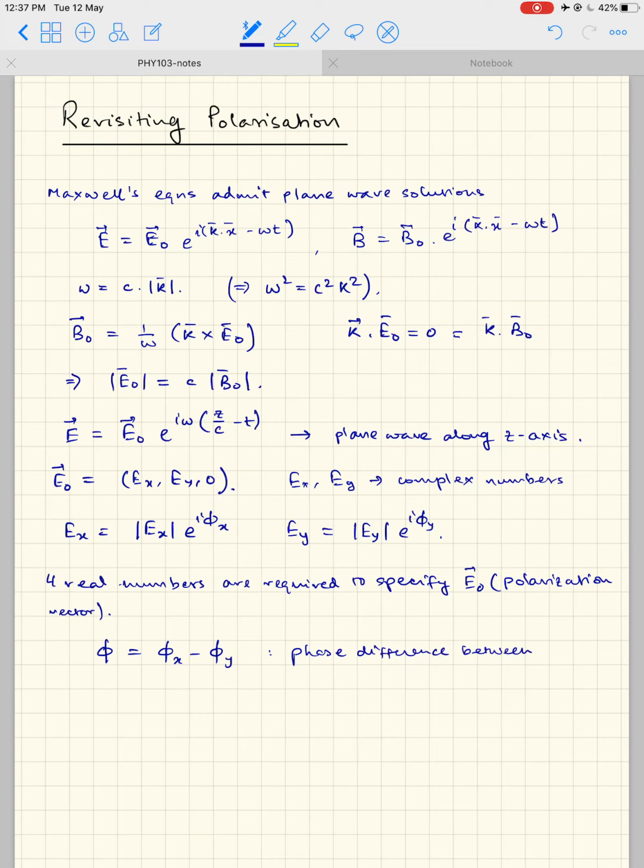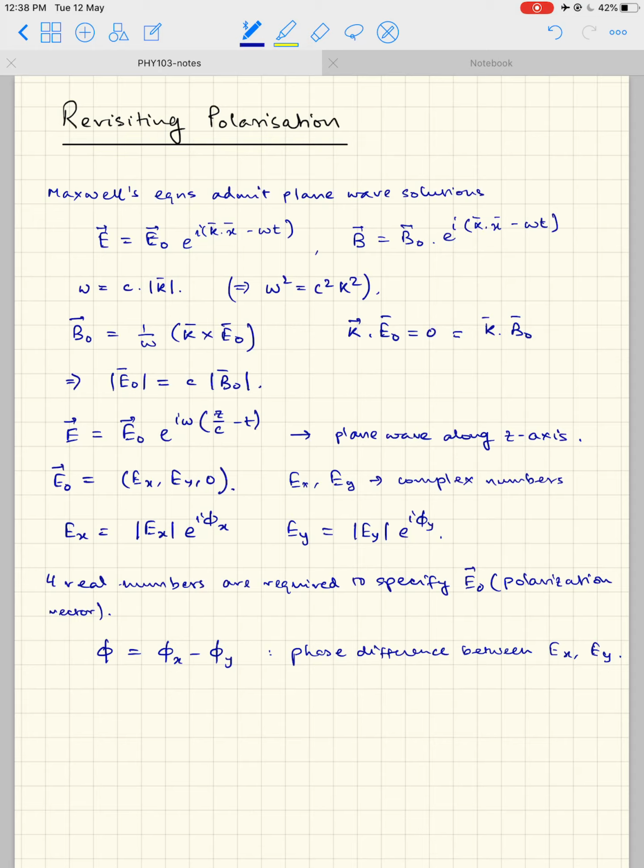We will usually not care about the overall phase or the overall magnitude, but to specify the vector, we speak of the relative sizes of Ex and Ey and the phase difference phi, which is phi x minus phi y.